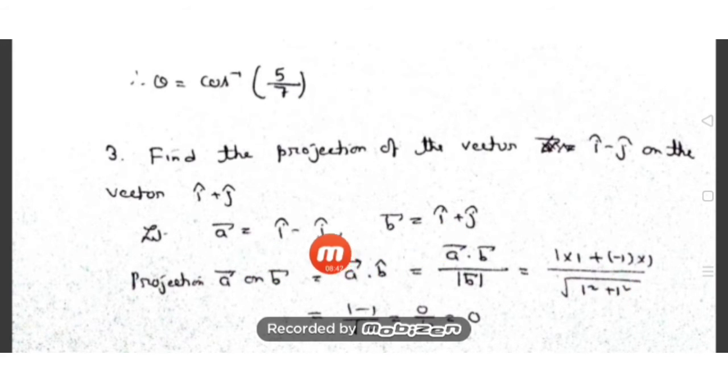Plus, here the j cap coefficient is minus 1, the other j cap coefficient is 1, so it is 1 into minus 1. After that, we have to get the magnitude of b, that means the square root of the sum of squares of the i cap, j cap coefficients, which is 1 square plus 1 square under root, that is root 2. Doing the calculation, 1 1s are 1, minus 1, 1 minus 1 is 0, by root 2, which is equal to 0. So we have seen the projection of a bar on b bar is equal to 0.